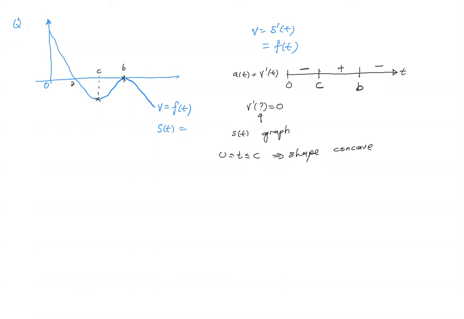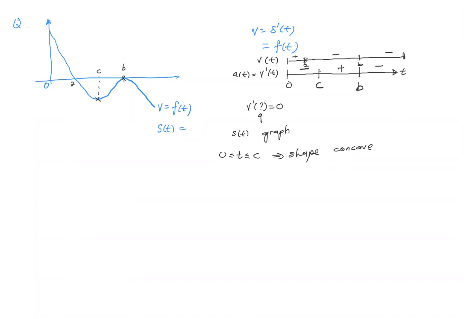For the velocity, if you have the velocity sign diagram, correct? So you have to mark 2 here and B here. Positive, negative, negative.